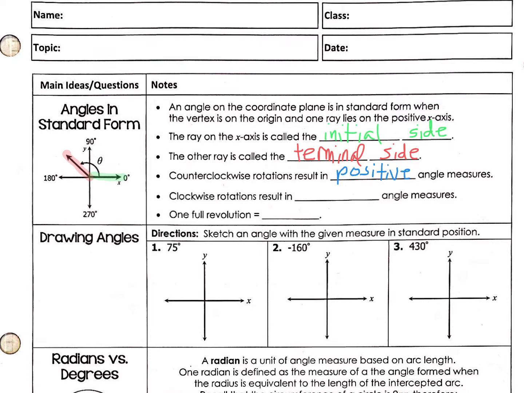Whereas if you start here and go clockwise, which is to the right, that moves you in a negative direction. And then one full revolution, all the way around the circle, is 360 degrees.